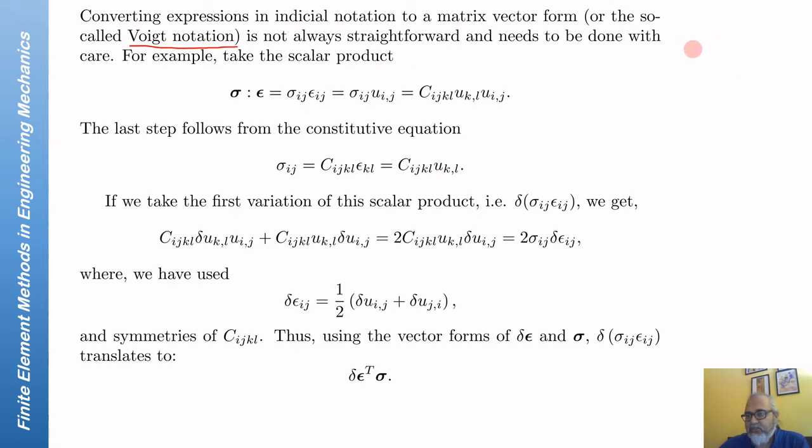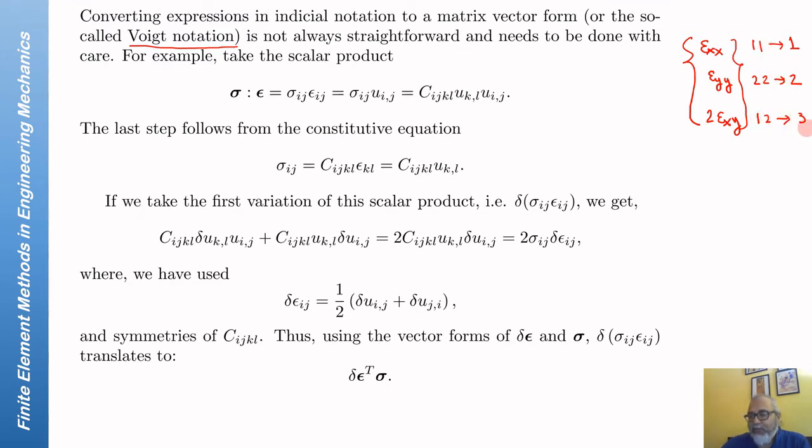Now, in our Voigt notation, we have made a choice already. We have chosen that we will store the strains in this order and the stresses in the same order. So what we have actually said is the 1 1 component of the tensor will go to place 1 in the vector, 2 2 will go to 2, and 1 2 will go to 3.